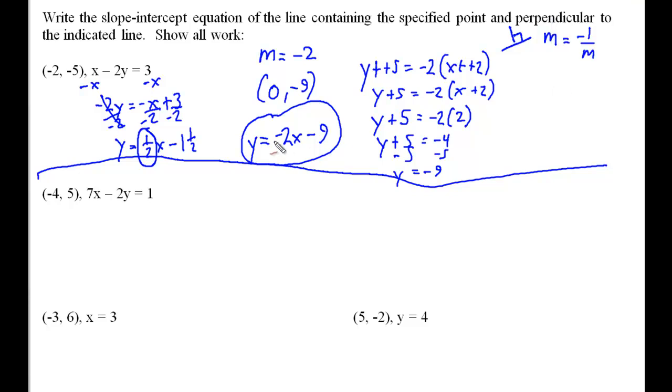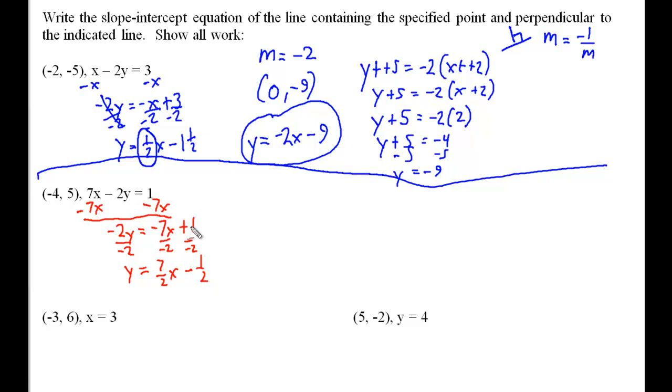Okay, so what I'm going to do is find out my slope from this standard form. Kick the x out, move it to the other side. -2y is equal to -7x plus 1. Divide both sides by -2. So y is equal to positive 7/2 x minus 1/2.